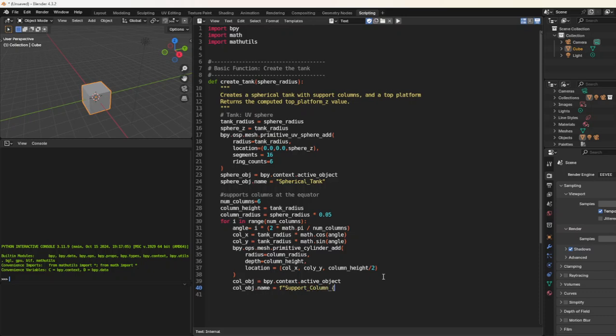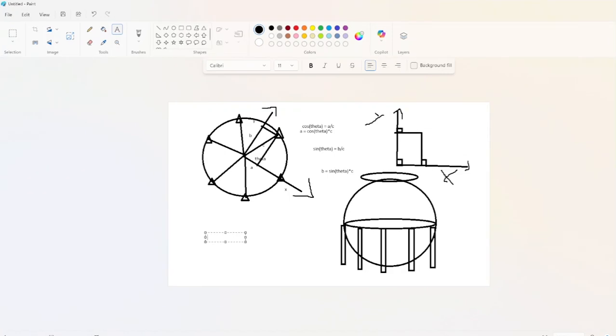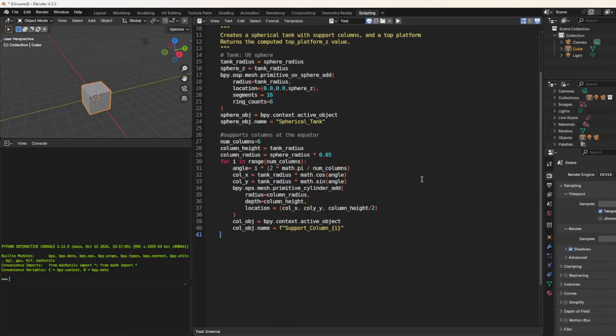So we just use the f-string to get the name for Blender. Okay, next we make the platform at the top, and if we're going to use the globe, it's going to be at the North Pole. So I'm going to write top platform at North Pole.